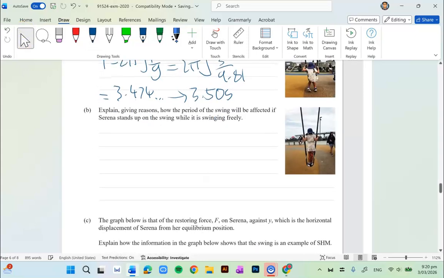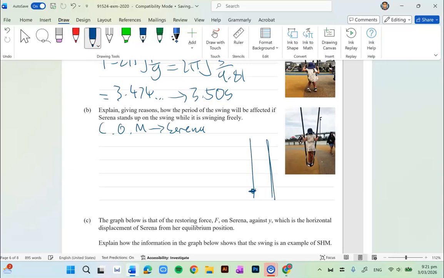Explain, giving reasons, how the period of swing will be affected if she stands up on the swing. So I can sort of draw it out. So this is all to do with the center of mass of Serena. So here is when she's sitting down. Let's say her center of mass is here. But when she stands up, let's say her center of mass is here. It's closer to the pivot point, right? The length here has decreased, right?